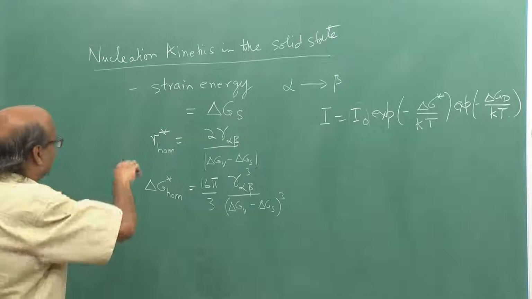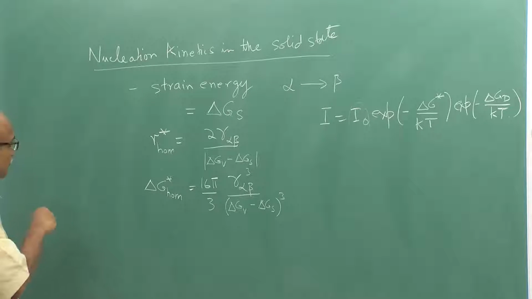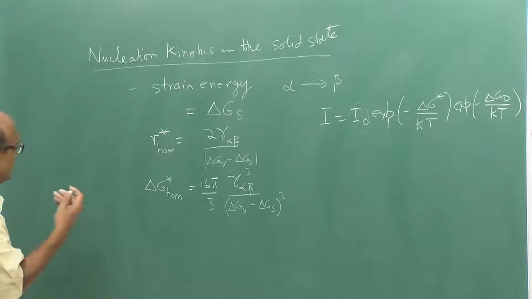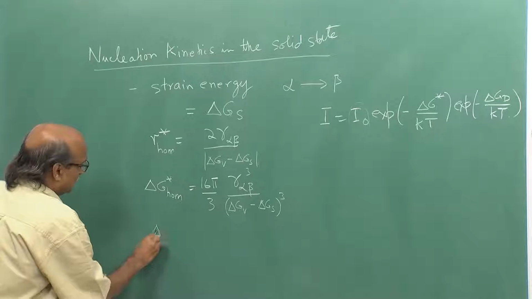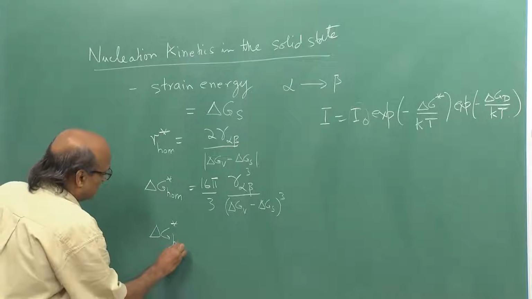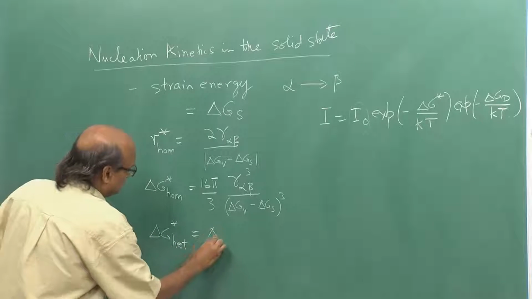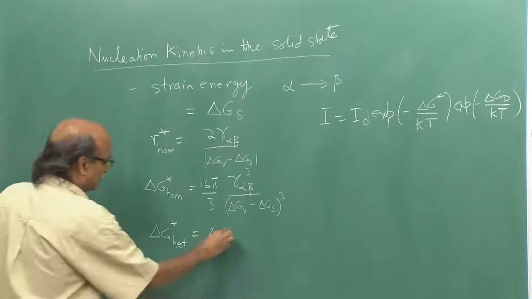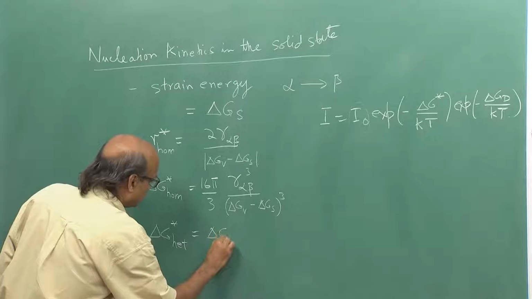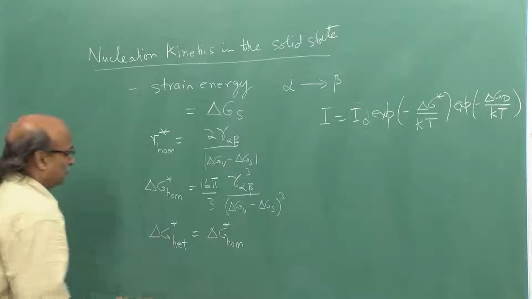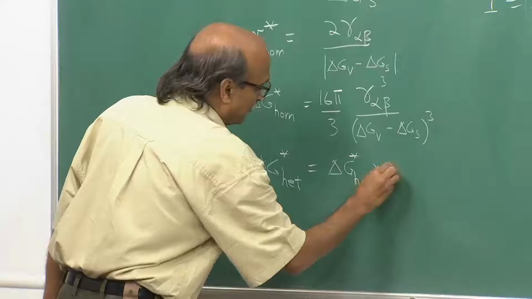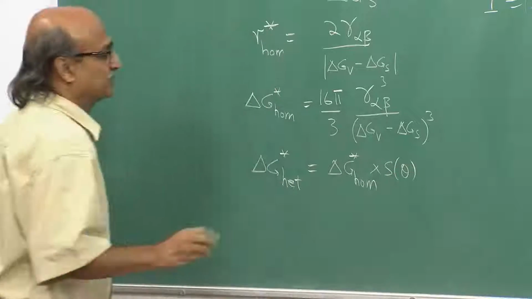But in the solid state, the heterogeneous nucleation case, the situation would be similar in the sense that the free energy for the heterogeneous nucleation would be related to the homogeneous free energy multiplied by whatever shape factor that is there.